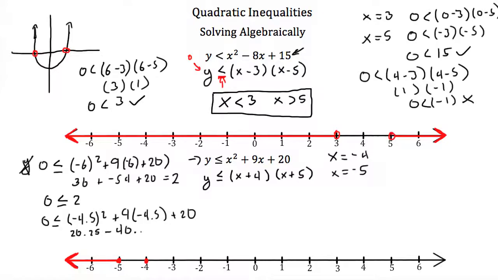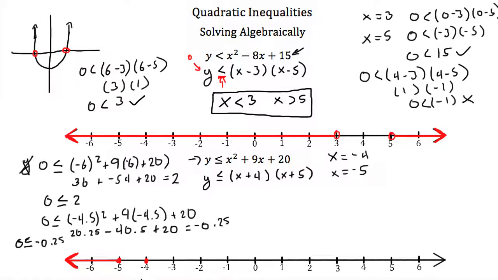And then plus 20. If we add these all together, we're going to get this is equal to negative 0.25. So is 0 less than or equal to negative 0.25? And the answer is no. The negative is less than 0, not greater. So that means the points between negative 5 and negative 4 are not solutions.